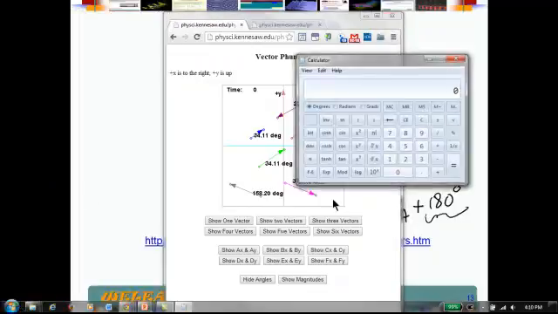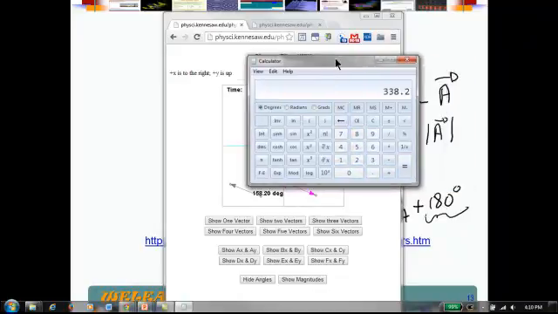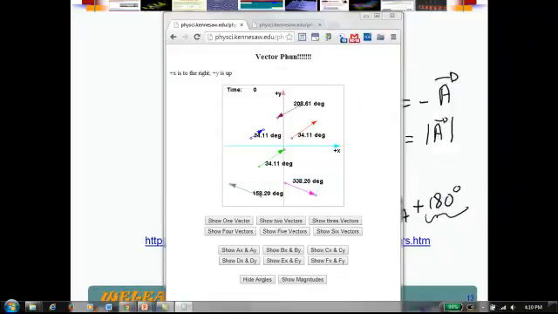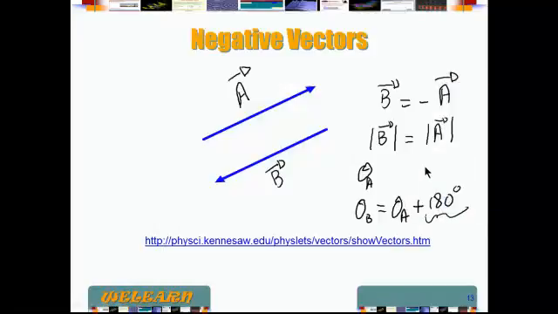If you want to verify that, 158.2 plus 180. That's what you get, 338.2, like what we have here.